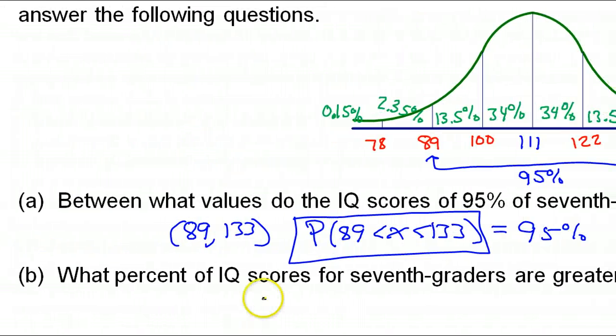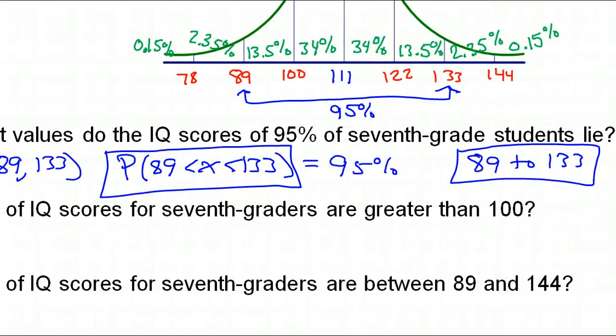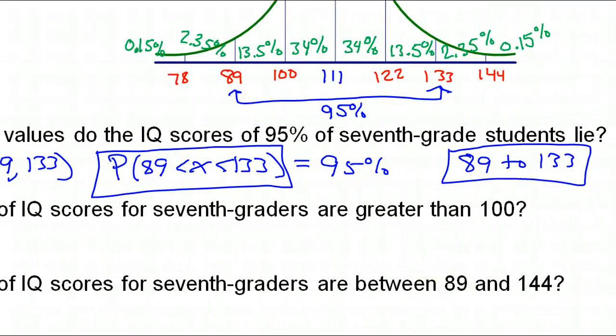Now, what percent of IQ scores for 7th graders are greater than 100? Well, here's 100. Greater than 100 will be to the right. So start with your symbolism. We're talking about the proportion of x values that are greater than 100.